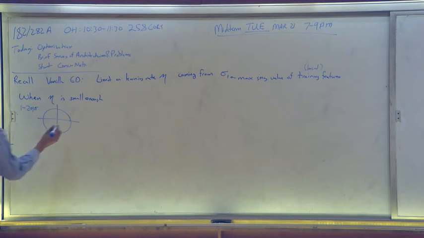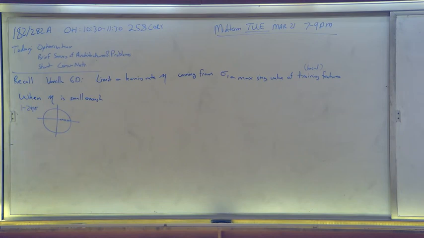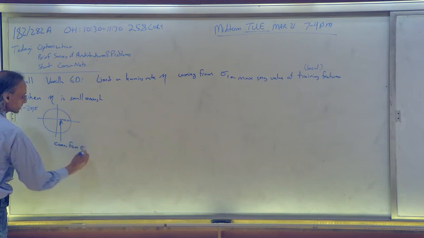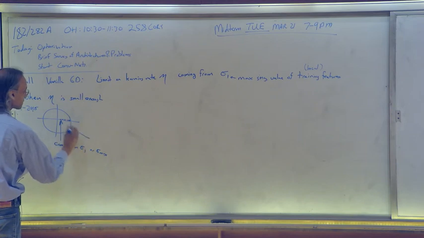If they end up like this, all on this side of the unit circle, that's what I mean when I say small enough, okay? When you end up in this situation, this is the one here that comes from sigma 1, or alternatively sigma max, to remind yourself that the first one is the biggest. And these are the ones coming from small ones.